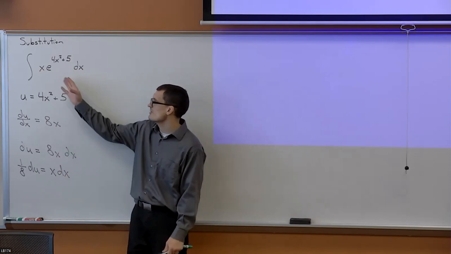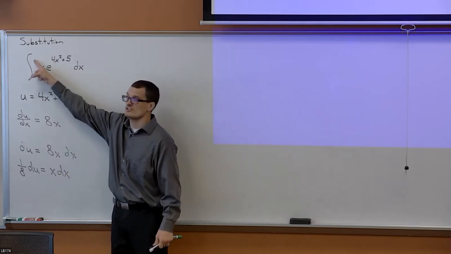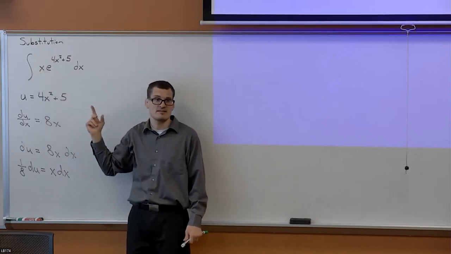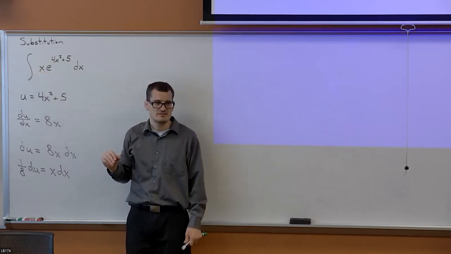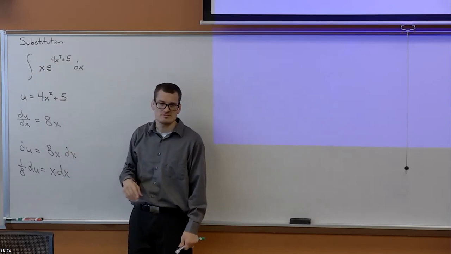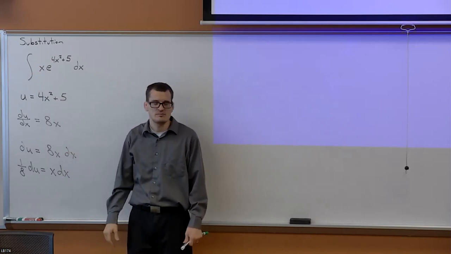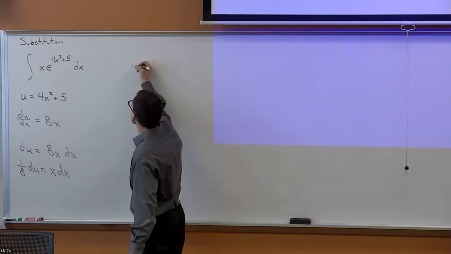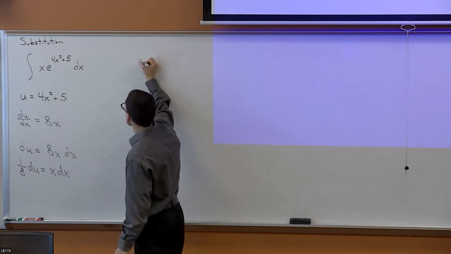I could have also said the coefficient is 1, and break that 1 into 8 times 1/8, and then use this one. But that's a little more work than I want. So I'll use this one.